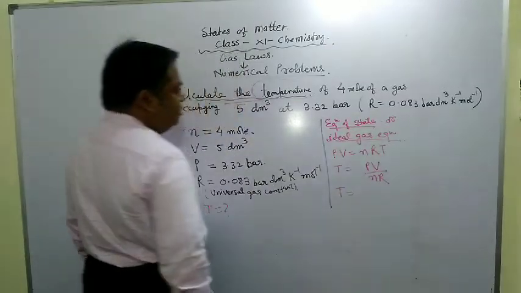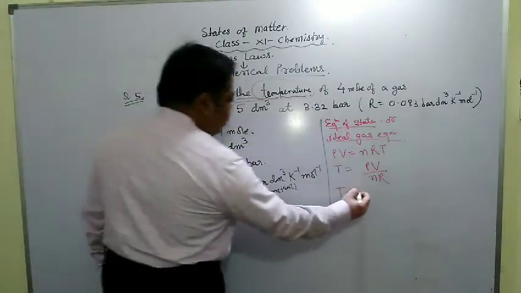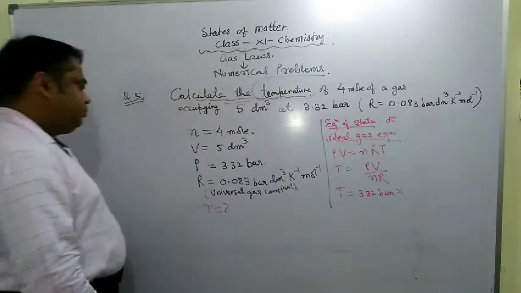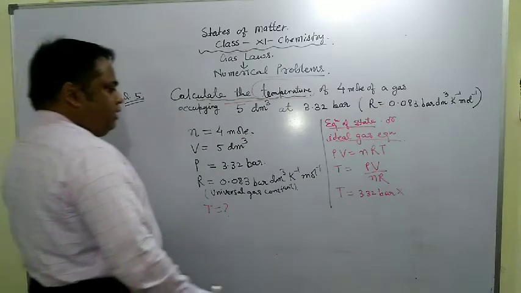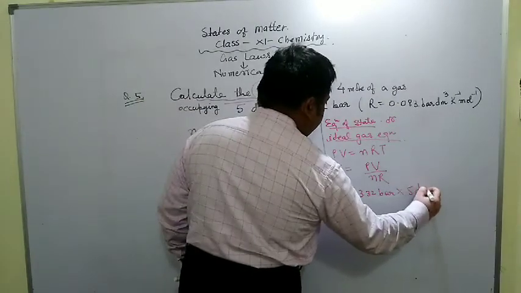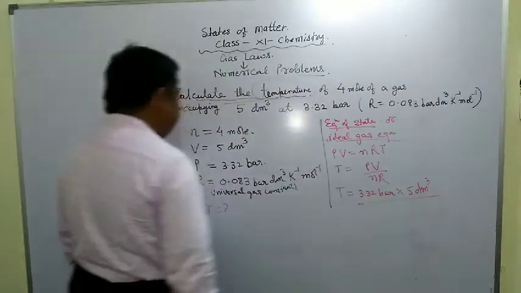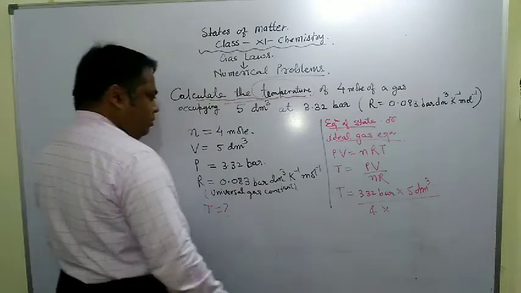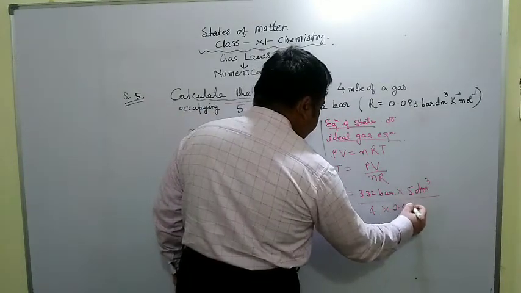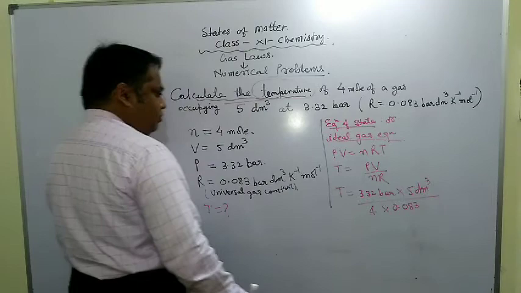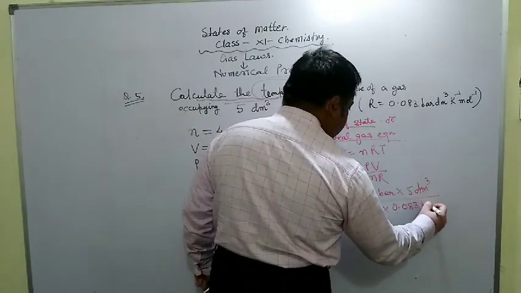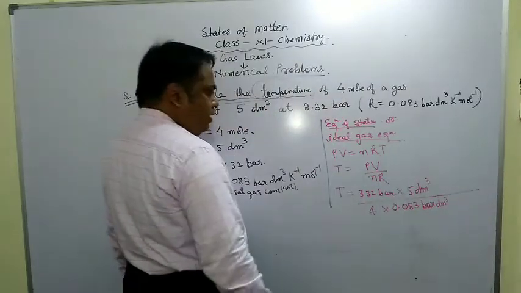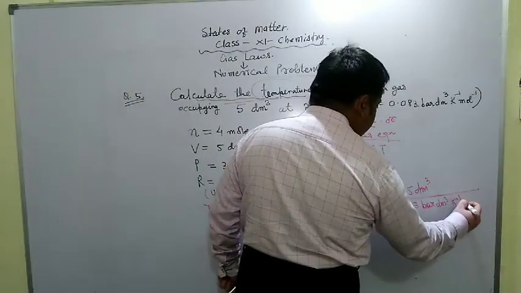T will be equal to 3.32 bar into V, which is 5 decimeter cube, divided by the value of n, 4, multiplied by 0.083 bar dm cube per Kelvin per mole.